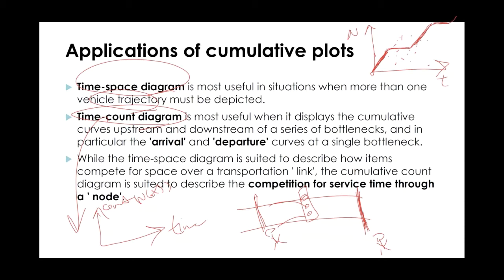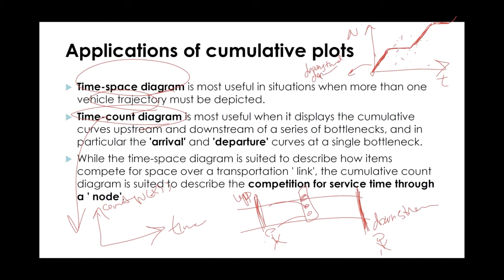But what about the upstream? So this is the downstream curve representing departures. But the upstream curve, this is upstream, and this is downstream. For the upstream curve, I keep counting the vehicles, right? So this was departure, and this is arrival.